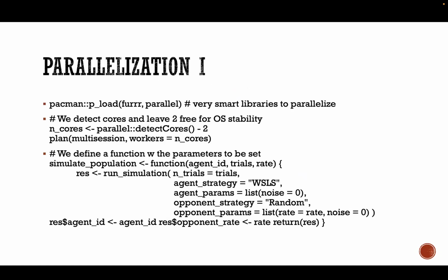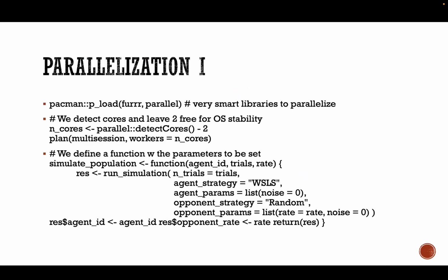So what I'm going to use is a package called furrr. Furrr, it's 3 R's. Which is very smart because it really simplified my parallelization code. I think there's a newer, smarter solution which I haven't tried yet, but this is very neat.